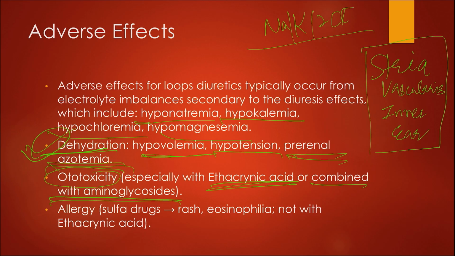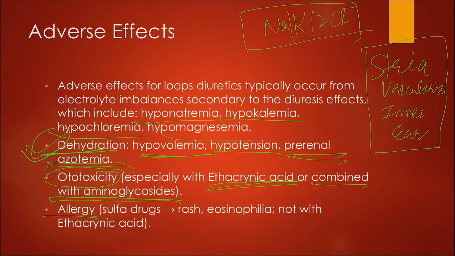So it blocks the cotransporter in the stria vascularis of the inner ear. Once this cotransporter is blocked, the ionic composition of the endolymph is disturbed, which can lead to hearing loss, tinnitus, or vertigo.